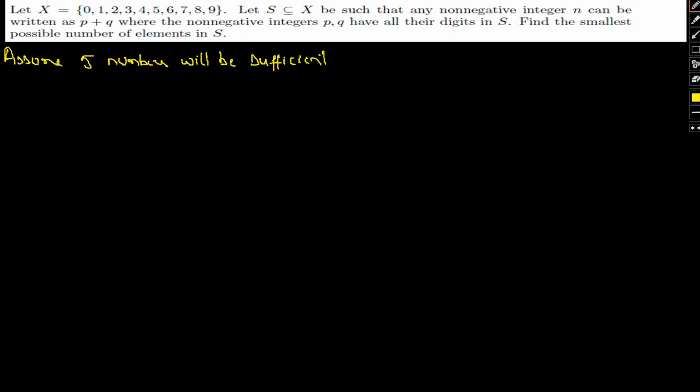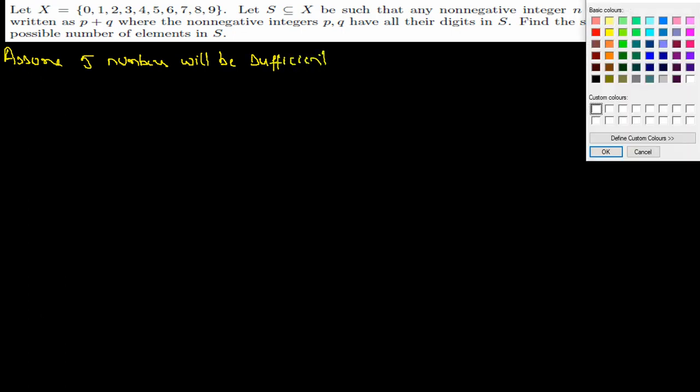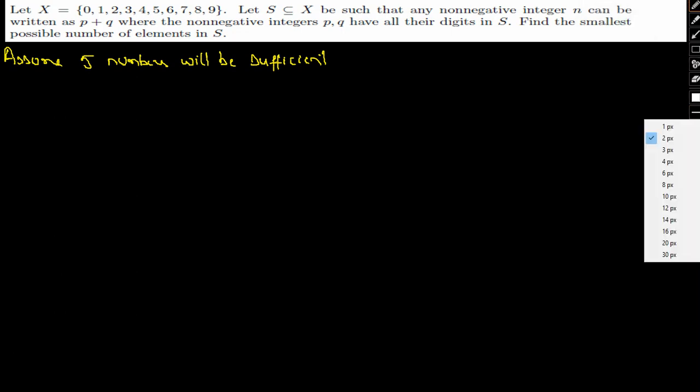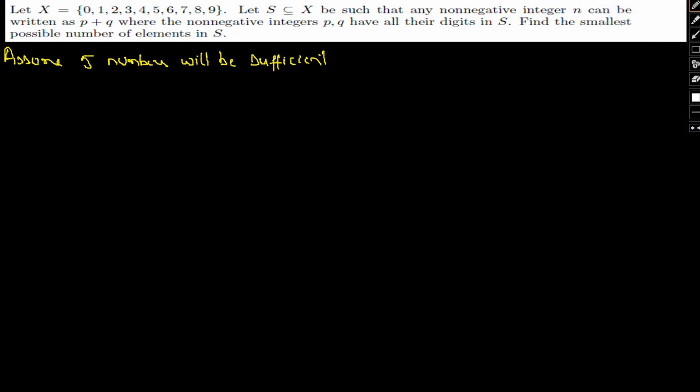So we'll start off with that only. Okay, so now let S equal the set {0, 1, 3, 4, 6}.